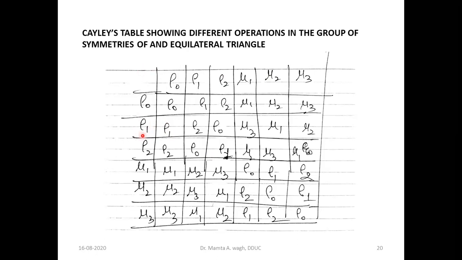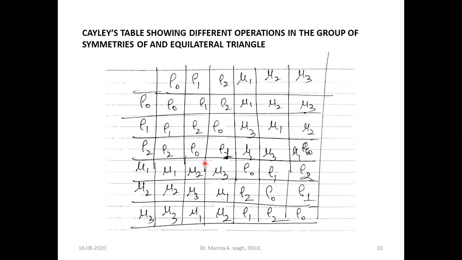For rho 0, it is its own inverse, and for rho 1, let us see which element should be combined with rho 1 to get rho 0. So rho 1 combined with rho 2 gives you rho 0.